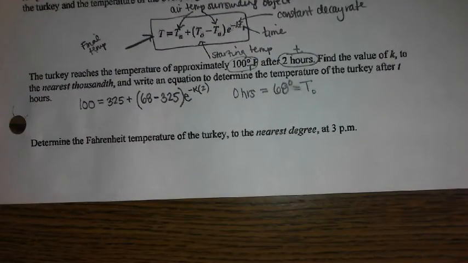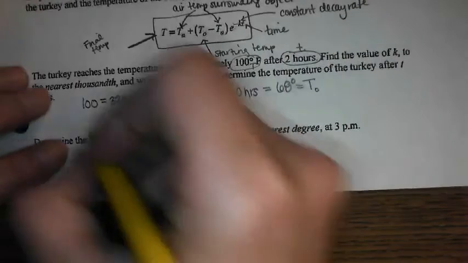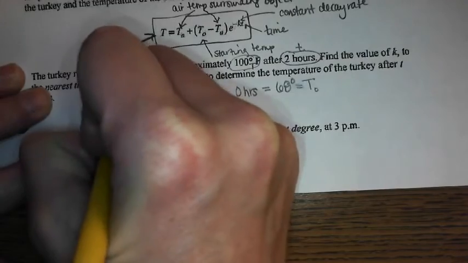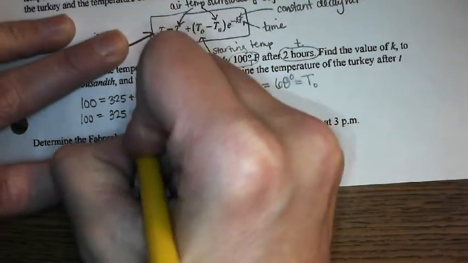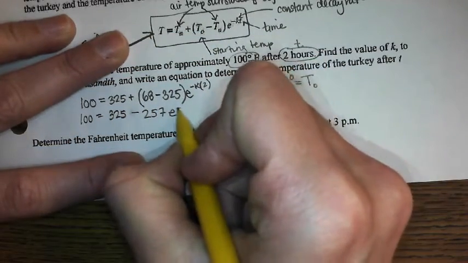Now, what can we do to clean this thing up first? Parentheses. So 68 minus 325 would be a good place to just clean up. We're not really solving yet. It's plus negative 257, right? So it's technically minus 257. And then the exponent is just negative 2k.